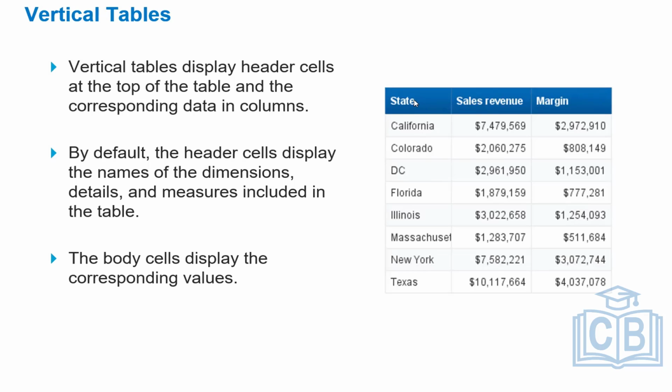By default, what it will show us is this object name. Here, California, Colorado, this is coming from the object state. And these key figures, these numbers are sales revenue. This is a margin. So by default, header cells display the names of the dimensions, details, and measures included in the table. The body cell displays the corresponding values. This is the body and this is the header.